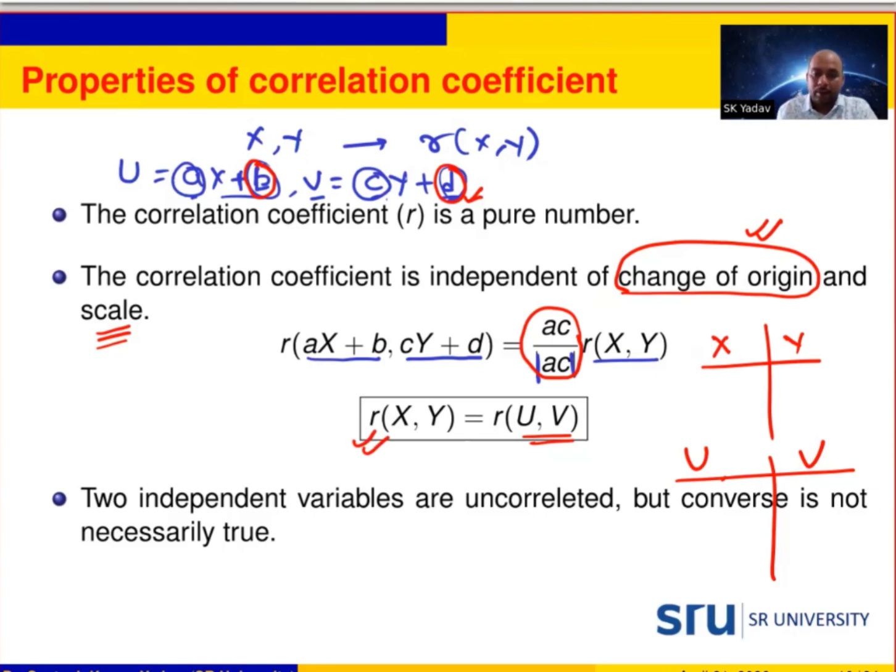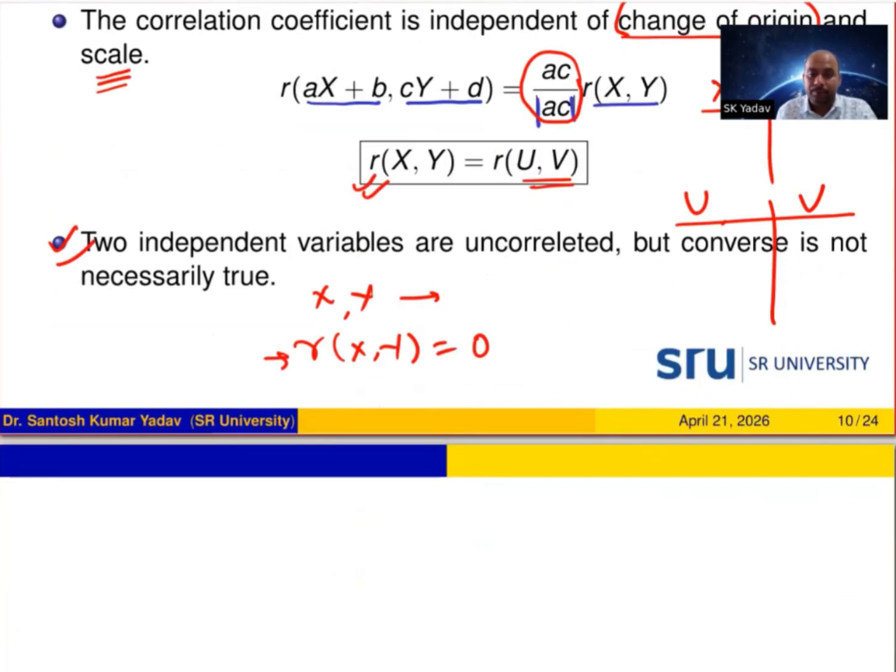Another property is that two independent variables are uncorrelated. So if x and y are independent, this means they are uncorrelated. But if r of x comma y equals 0, that means correlation is 0, I cannot say the variables are uncorrelated. The reason is that r is measuring only linear correlation. There can be any other form of correlation, let's say quadratic or cubic.